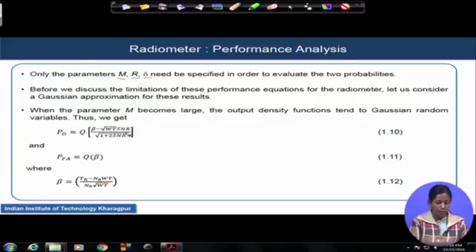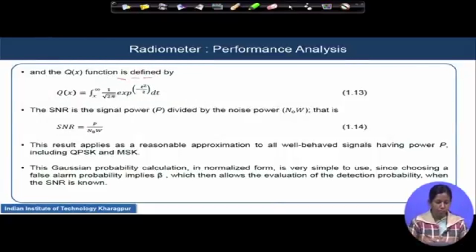And remember this SNR, what we are writing here, can be given as P by N0 W, where P is the signal power and N0 W is the noise power correspondingly.